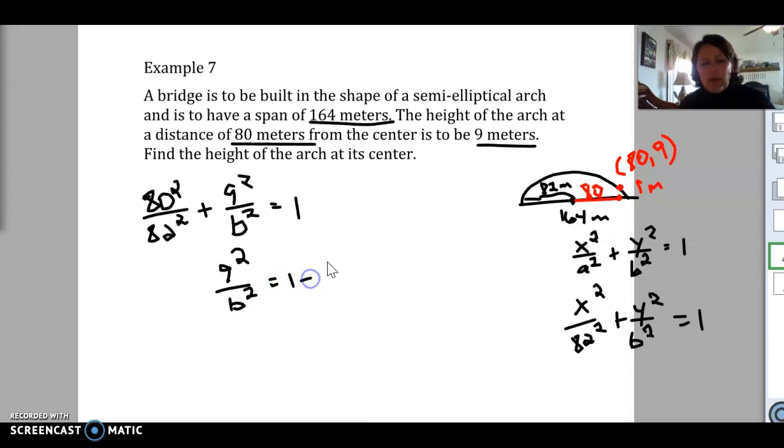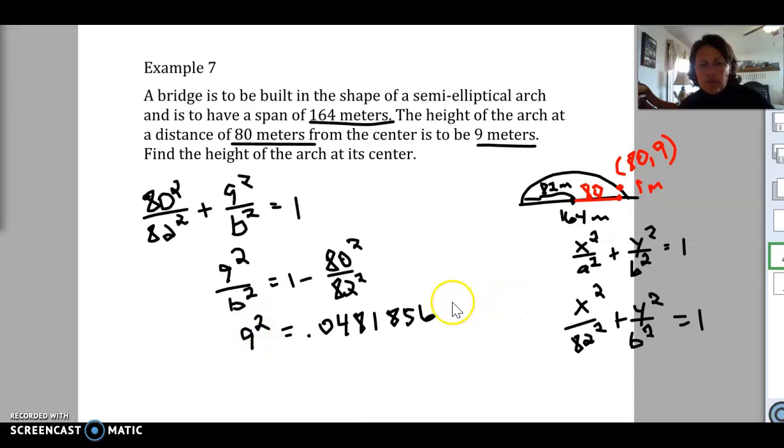And we get 1 minus 80 squared over 82 squared, and that is equal to 0.04818. And then I'm going to multiply b squared to both sides, and now we want to divide by that number. So doing all of that, we get b squared is equal to 1681. And then take the square root of that, and we get b is equal to 41.